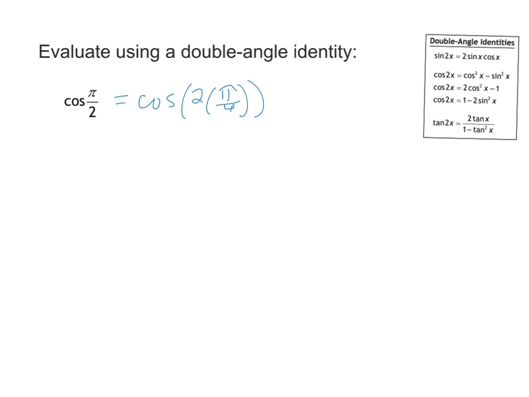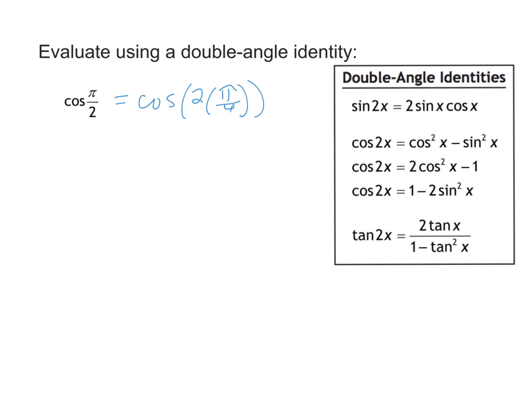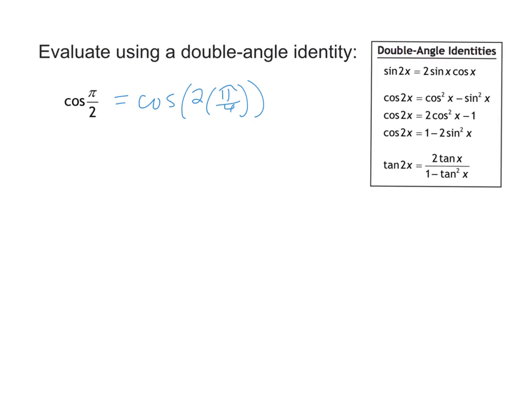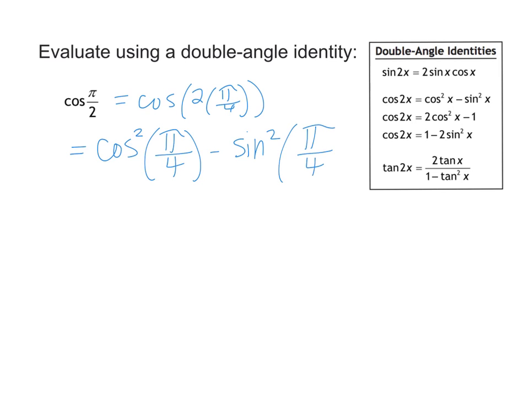And then use the cosine double angle identity. And it doesn't matter which one you choose. I'll just choose the first one. So, which means this is going to be equal to cosine squared of pi over 4 minus sine squared of pi over 4.